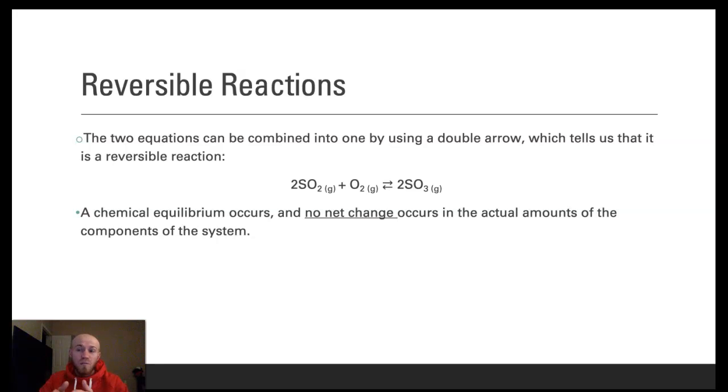They may not have equal amounts of products or reactants, but the overall amount of them is not changing. So if a product is formed, the same amount of reactants is formed, and it keeps going back and forth with the same amounts being produced. So there is no net change in the amounts.